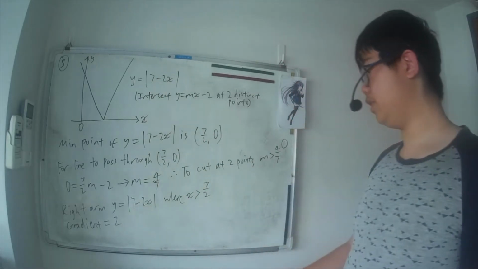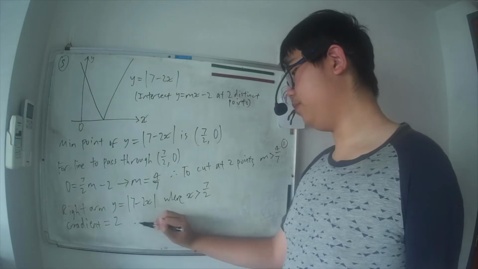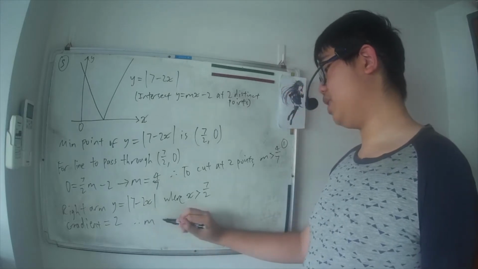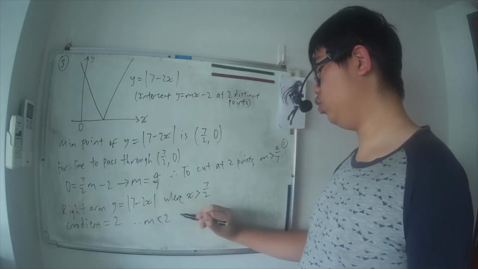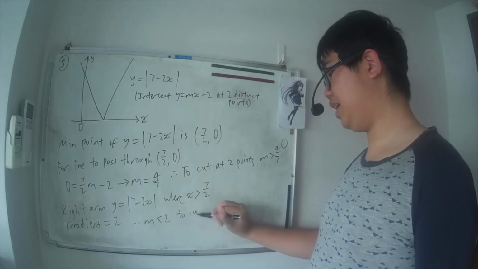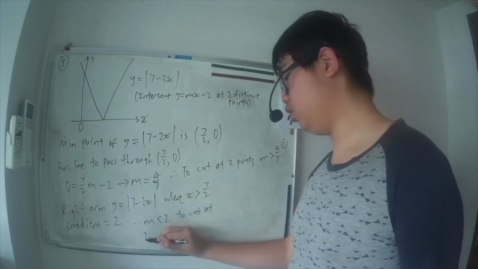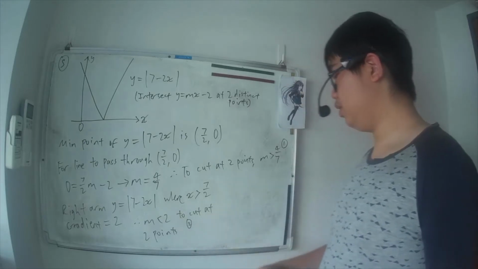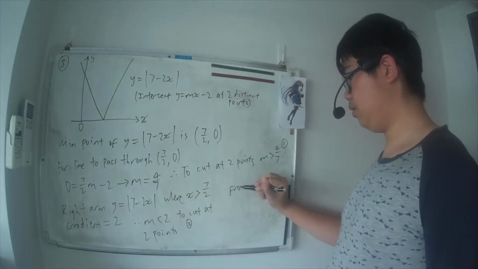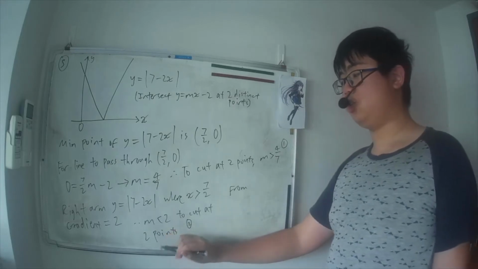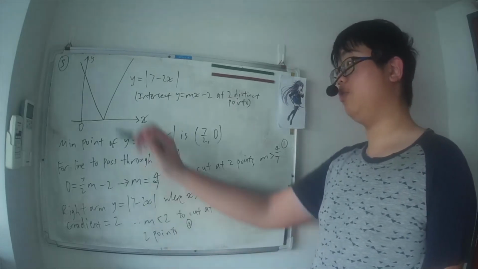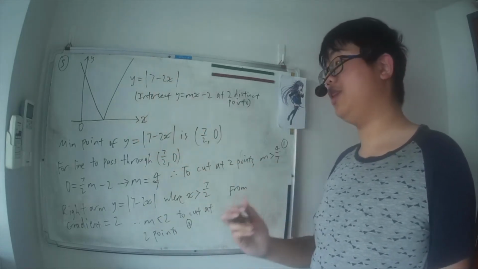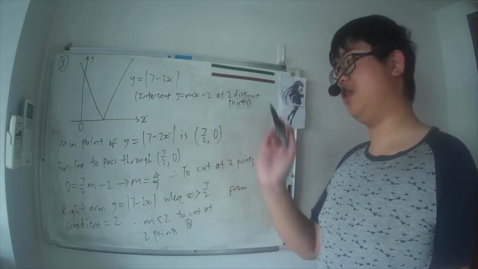Okay, so therefore, to cut, m must be less than 2 to cut at 2 points. And this is your number 2. Because if it's equal to 2, then it will be parallel here, and it will never touch at the other point. And if it's more than 2, it will also never touch.